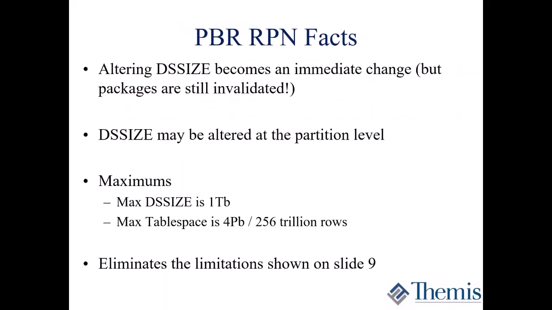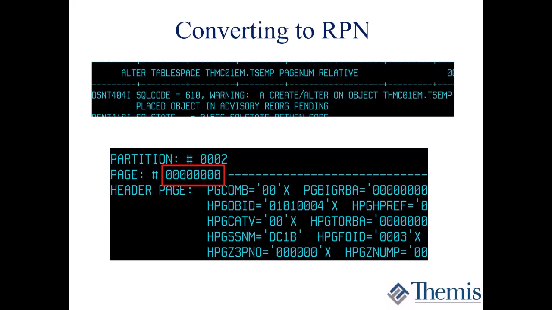So what does this do to me otherwise? Well, once you are relative page numbering, and actually let's go back. Notice at the top there, when I did that alter, it put me into advisory reorg pending. This means this is a pending change. The reorg that I do to accomplish this change will have to be the entire table space.